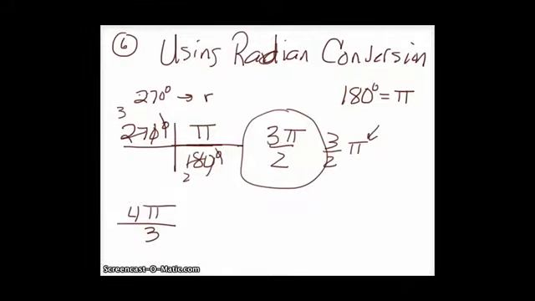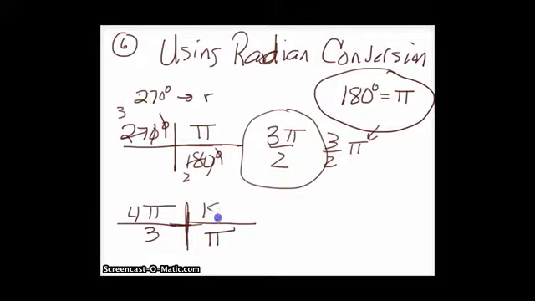How am I going to convert this radian angle to degrees? Well, I'm just going to make my chart right here, and I'm going to put my pi over here. Remember, we're just using this simple formula. Don't make it hard. Now when you do this, these wipe out. 3 goes into 180 60 times, so it's just 4 times 60, which is 240. 240 degrees.